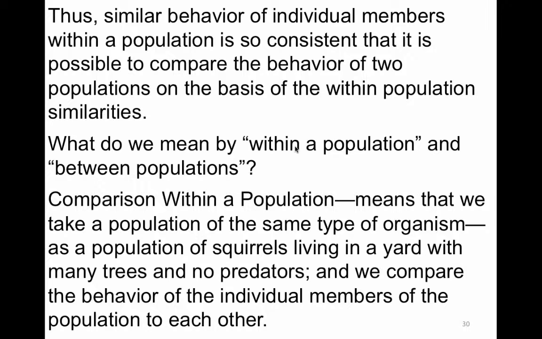Comparison within a population means that we take a population of the same type of organism, such as a population of squirrels living in a yard with many trees and no predators, and we compare the behavior of the individual members of the population to each other.